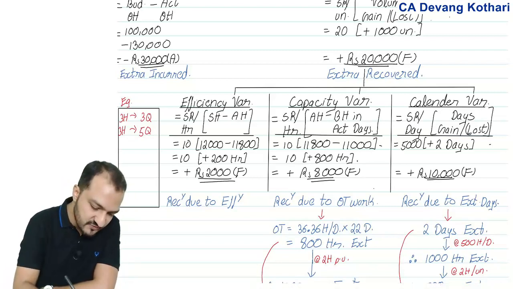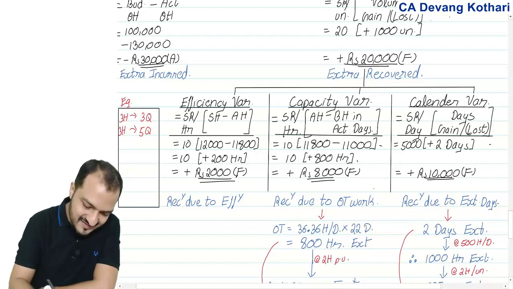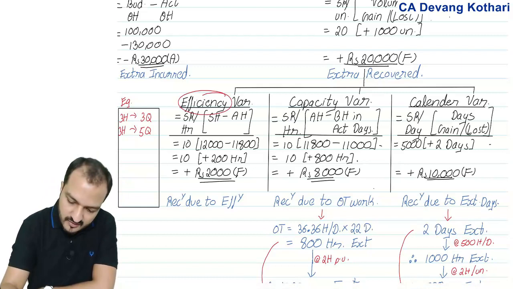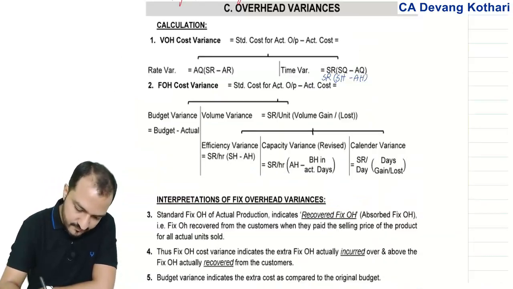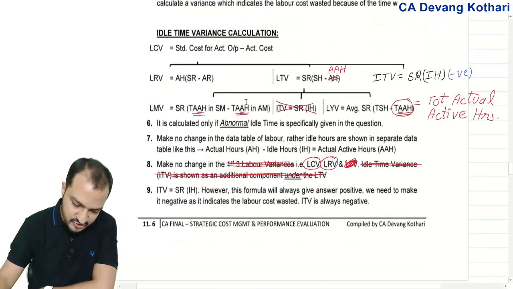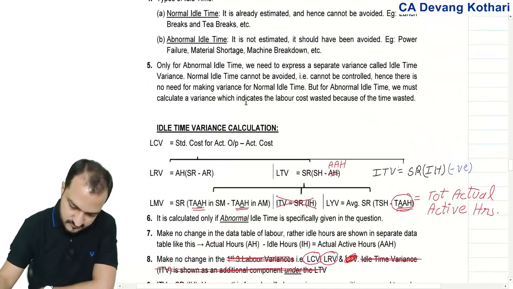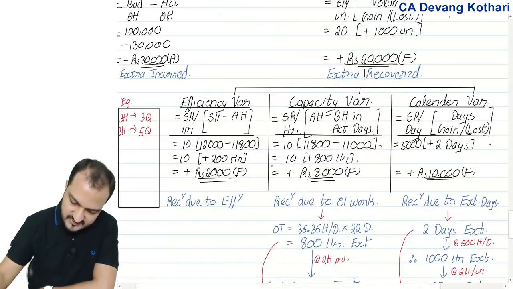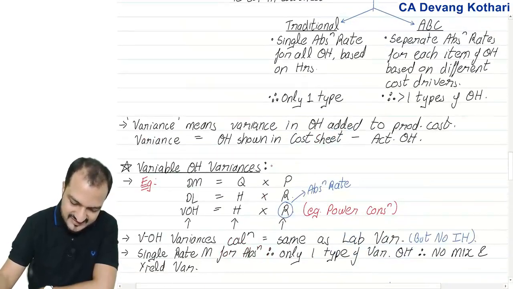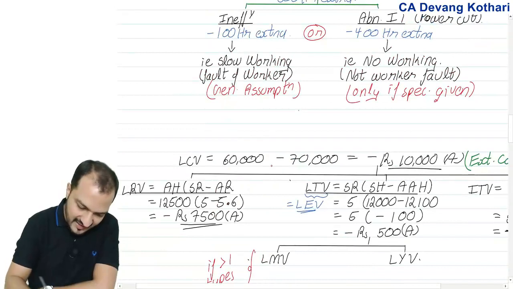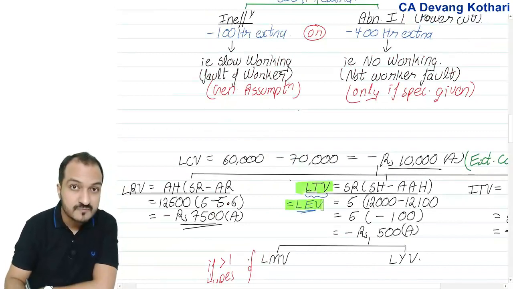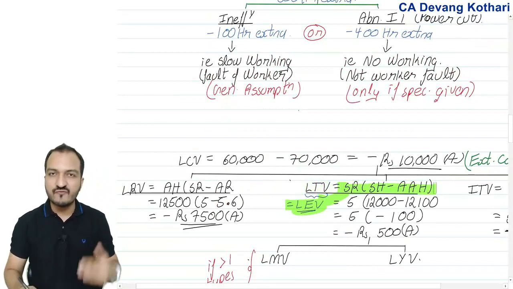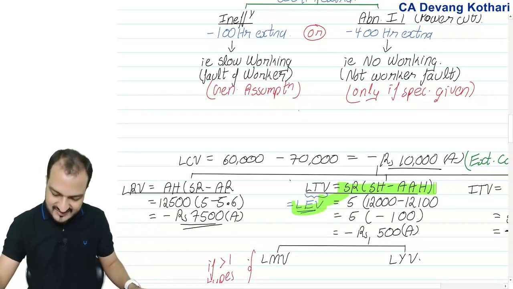You see, the efficiency variance over here is exactly the same as efficiency variance in your labor. You remember under labor variances, I told you which variance is called efficiency variance. I showed that in my working here. Under labor variances, your labor time variance is also called efficiency variance. Your formula for labor efficiency variance, the same formula will exist in fixed overheads.